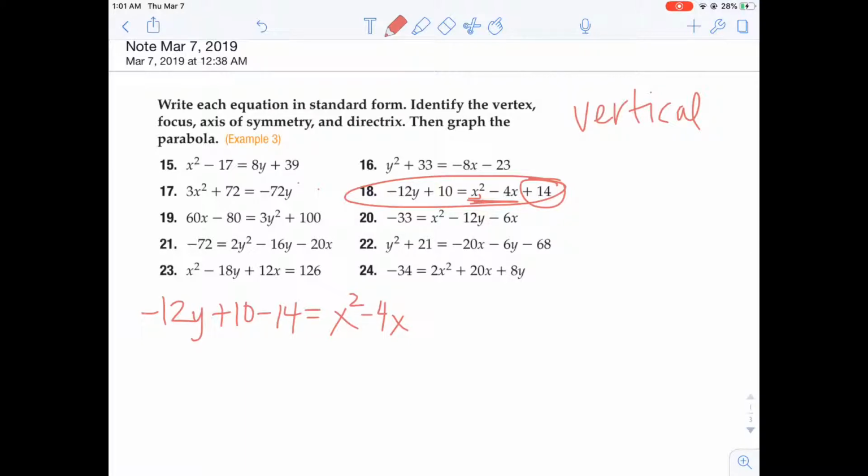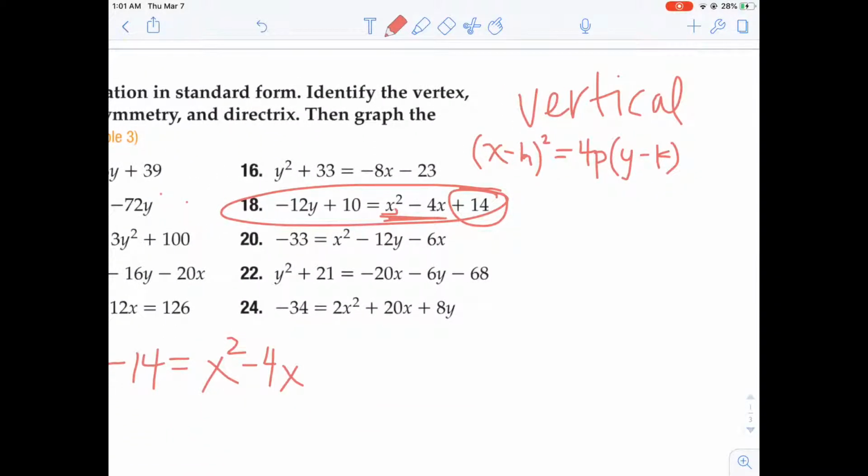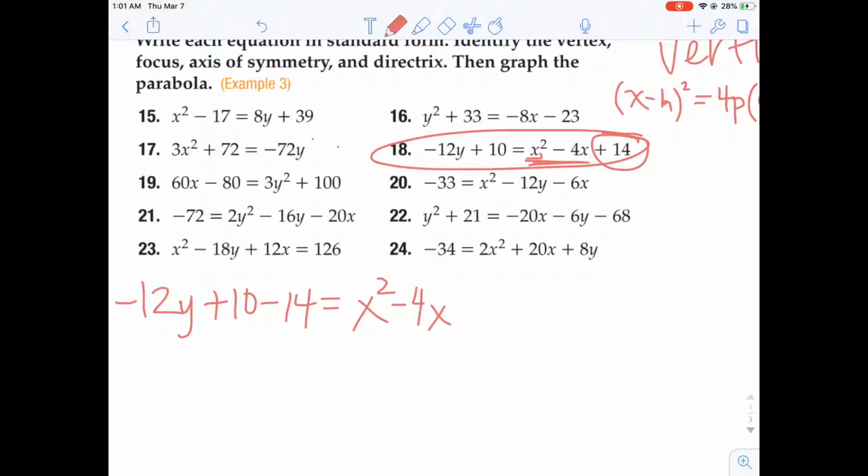So wait a minute, what is this standard form supposed to look like? If it's a vertical parabola, we're going to have x minus h squared equal to 4p times y minus k. So this is our goal right now. We kind of have it switched at the moment.